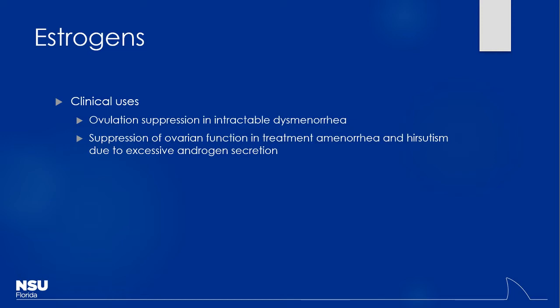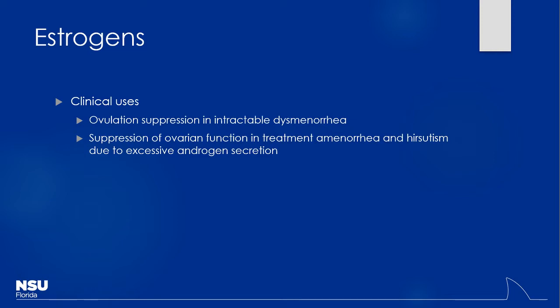And then that stimulates the anterior pituitary to release what? LH and FSH, and that's what's directly stimulating the ovaries to produce things like estrogen. So if you have this intractable dysmenorrhea, we can administer exogenous estrogens, and that will help shut that down. It helps inhibit both the hypothalamus and the anterior pituitary from releasing those hormones, so it should help decrease estrogen production and decrease that bleeding.